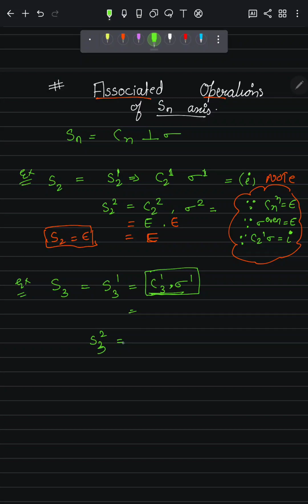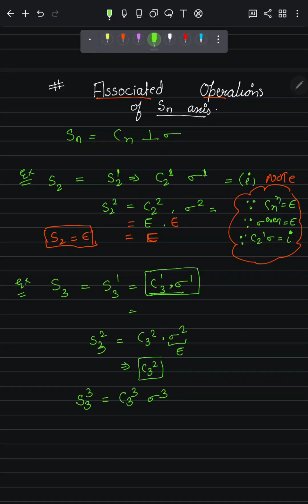And if we talk about C3^2, then here we can write it as C3^2 times E. Why E? Because here sigma squared becomes identity. So C3^2 is the final answer for the S3^2 operation. Let's talk about S3^3. Here C3^3 is present and sigma^3 is present.